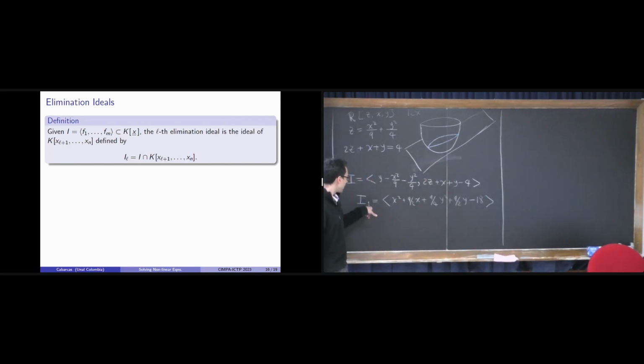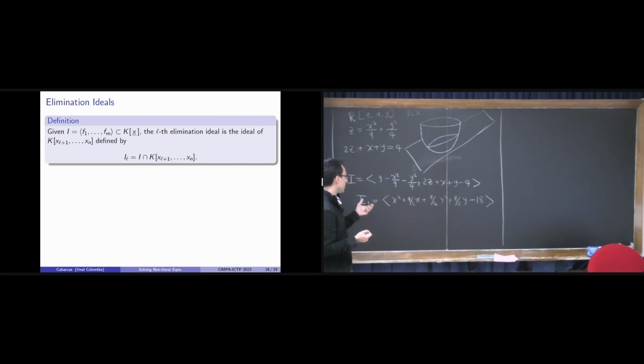We get an ideal on the last two variables, x and y, so it's an ideal that lives in the polynomial ring in x and y.